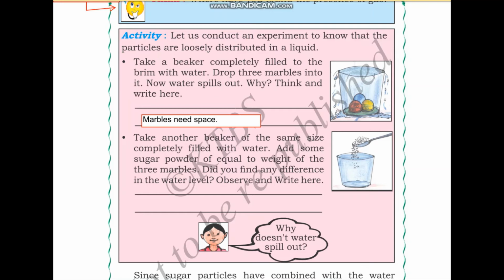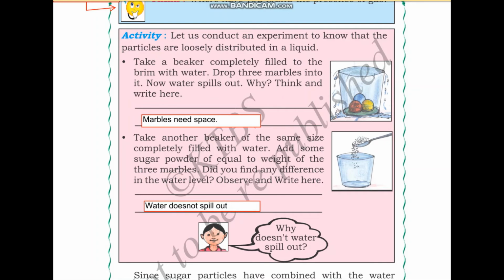Next, did you find any difference in the water level? Observe and write here. So, did the water spill out? No, the water does not spill out if you add it carefully. Why does the water not spill out? We had already conducted this activity in the previous part of this lesson.